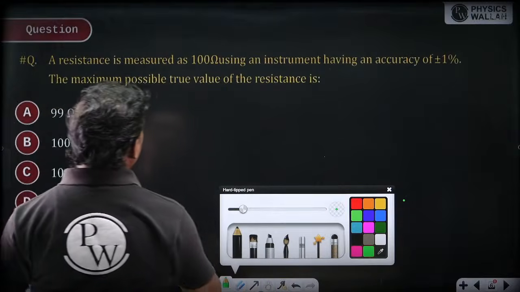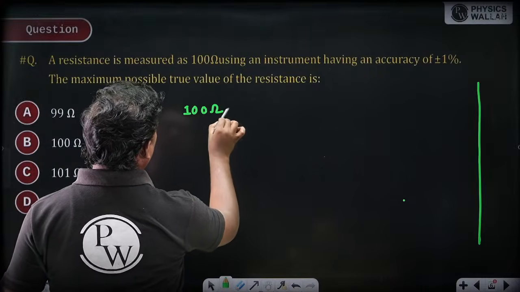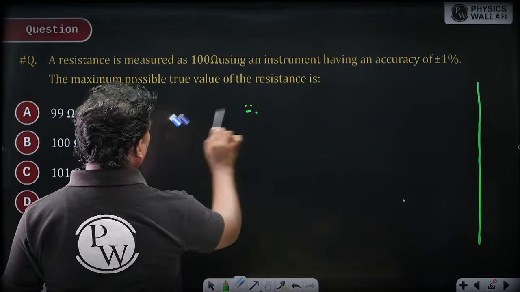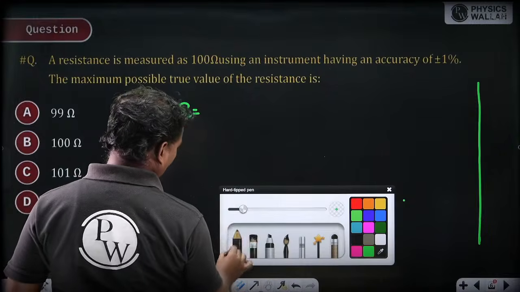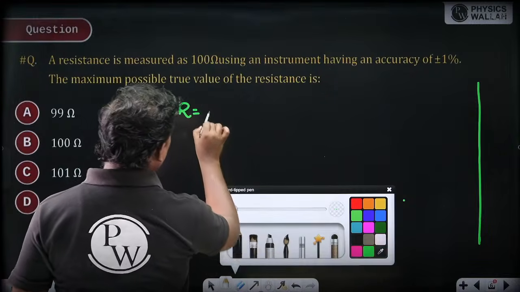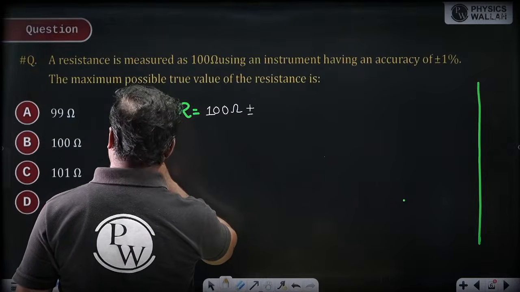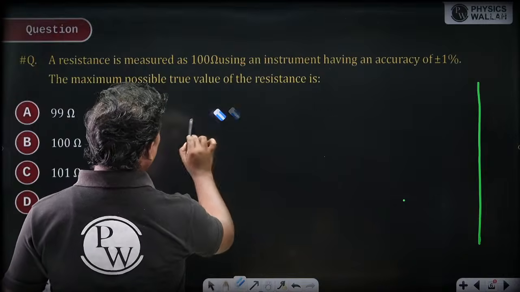So accuracy is 1%. So 100 ohms plus or minus 1% of this 100 ohms. So this R is equal to 100 ohms plus or minus 1%. So here the measurement value is this.